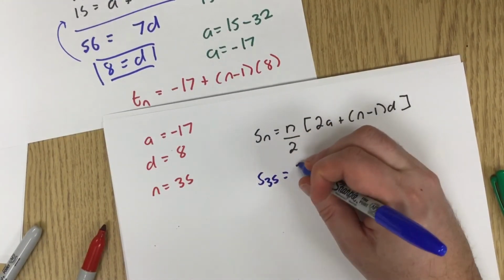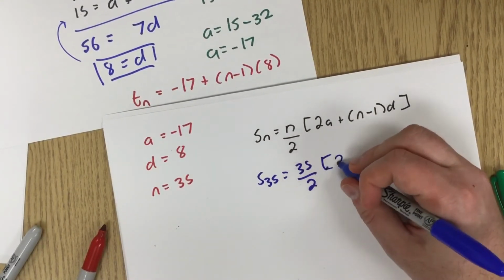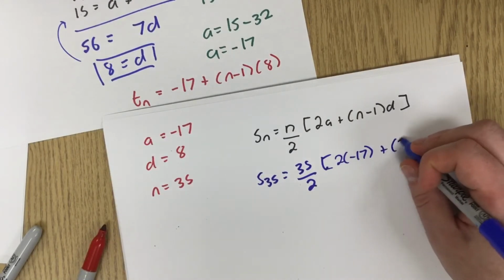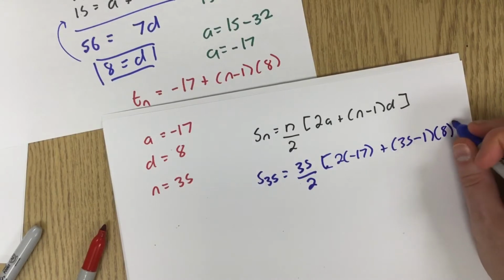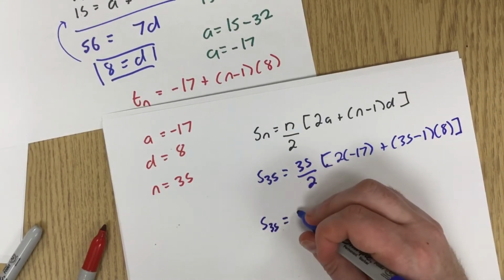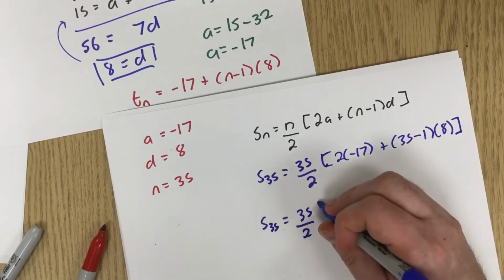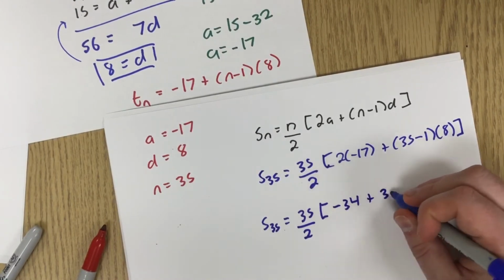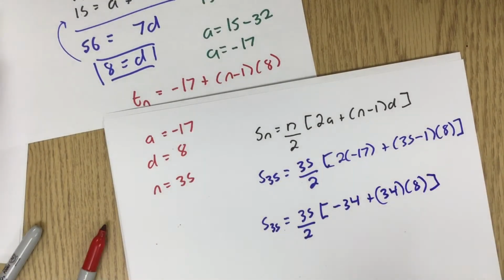So S35 is 35 over 2 times (2 times negative 17 plus (35 minus 1) times 8). So S35 is going to be negative 34 plus... I'm not sure why I did that as a separate line.